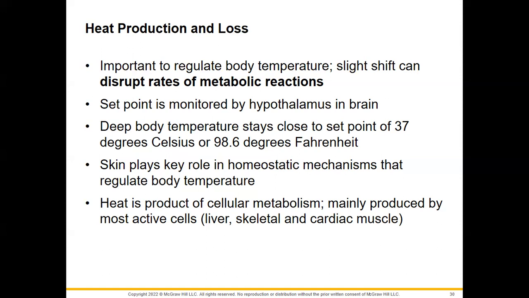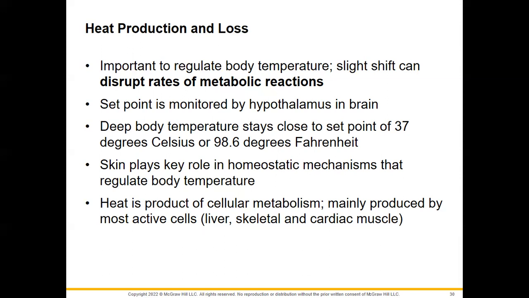As things get cooler, reactions tend to get slower. And so that same thing applies in our body. So if we cannot regulate our temperature, then we cannot regulate our body reactions, our metabolic reactions. Our bodies have a set point, basically a temperature that it tries to maintain at all times.